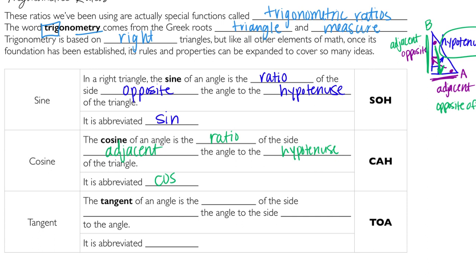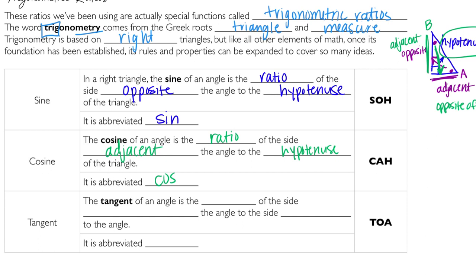So if we're looking at angle A, the cosine of A would be this adjacent side, whatever length that is, divided by the hypotenuse of the triangle. And in SOHCAHTOA, the CAH helps us remember that cosine is adjacent over hypotenuse.